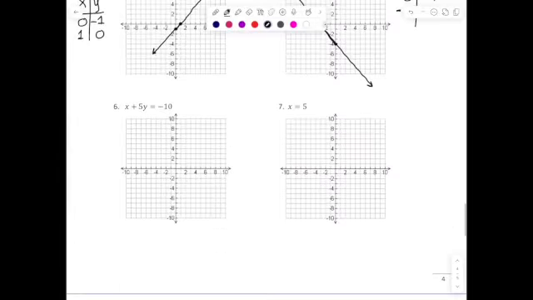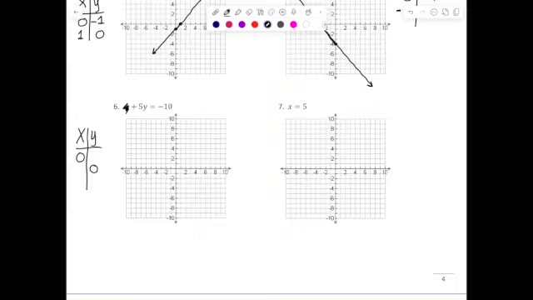We have this one, x plus 5y equals negative 10. So let's create our x and y table. Let's plug in 0 for x and 0 for y. Since this isn't standard form, it's easier to find the intercepts when it's like that. Because when you plug in 0 for x, you can cover the x with your finger and look. So imagine this is gone.